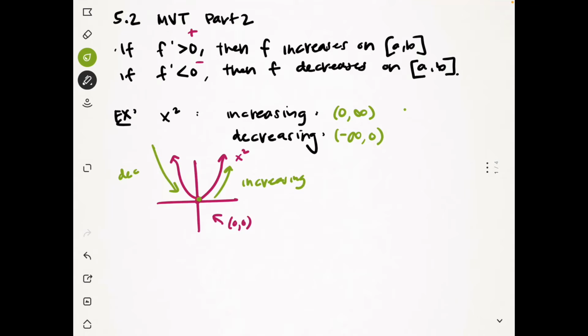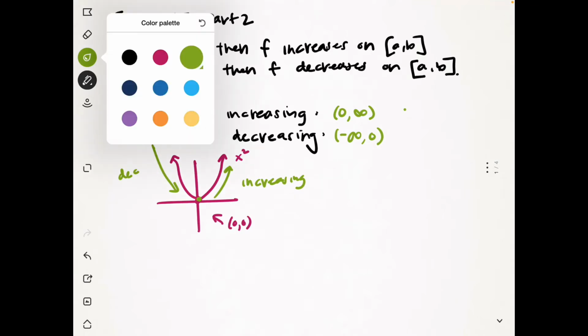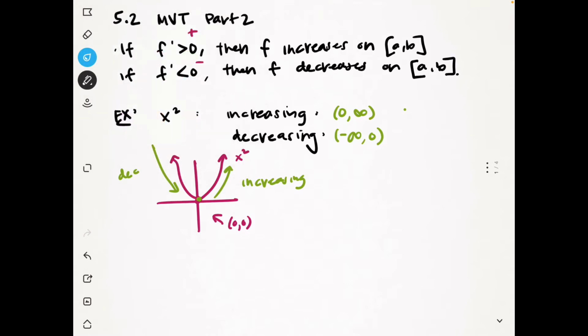Okay, so let's verify what we just did using our rules up top. If we take the derivative, these are f primes. The derivative of x squared is 2x. So we notice that this is going to be negative for any negative values, and positive for any positive values of x.